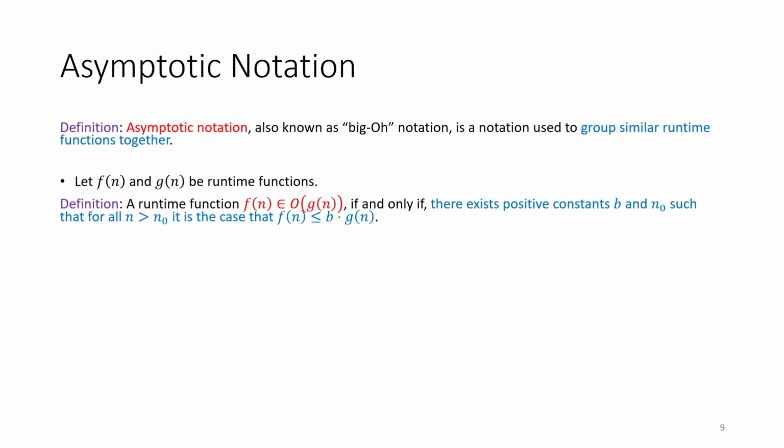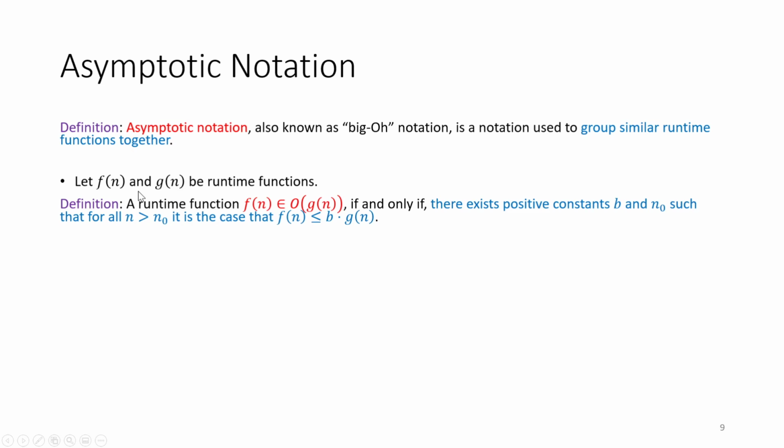What that means is runtime functions typically have two properties. They are positive, or technically non-negative because we allow zeros, and they are increasing, or again, technically non-decreasing because we allow constant functions. But those two properties, positive, increasing, or non-negative and non-decreasing, are what we typically assume are true of our functions f of n and g of n, at least on the positive values of n, or at least on large values of n that we care about.